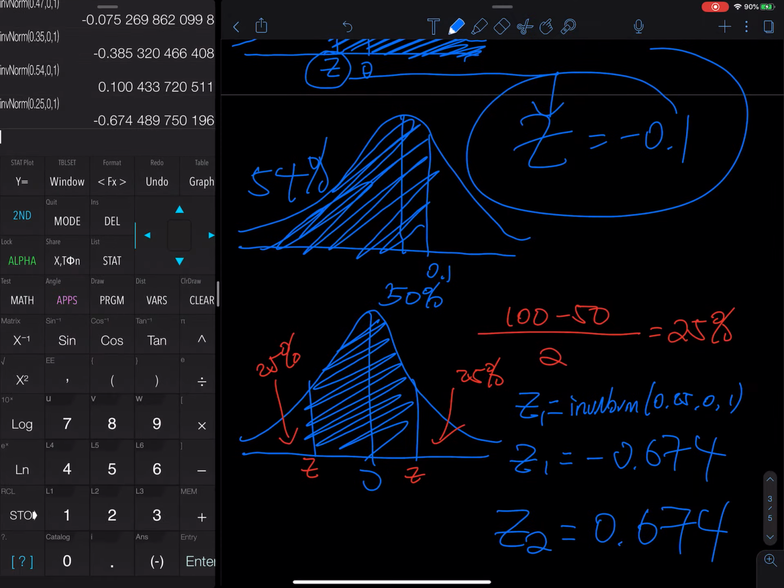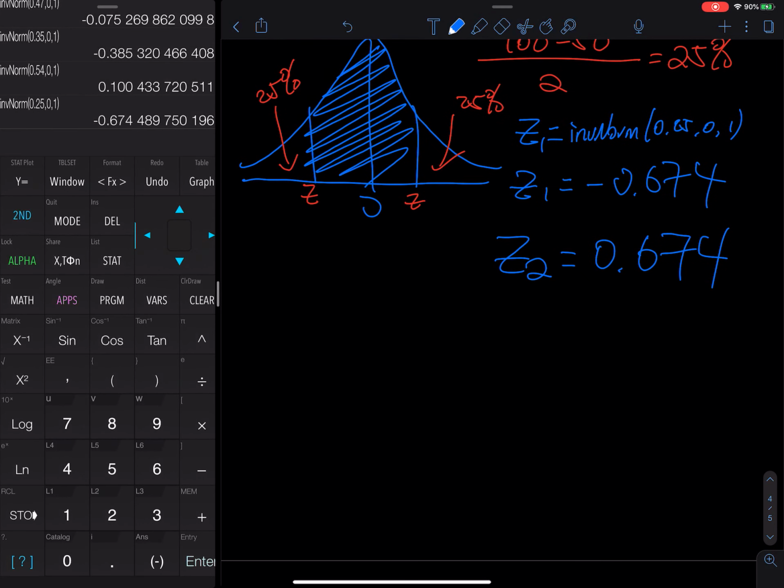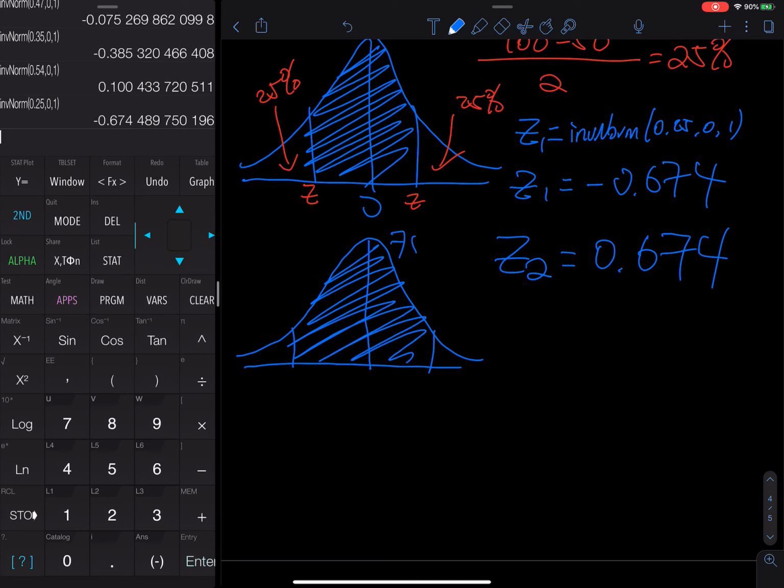And then the last one. Well, I'm going to try one more, and then we wrap up this video. 75% in the middle. So this is 75%, 0, Z1, and Z2. How do you do it? 75% in the middle, that means we still have 25% left, and then we have to slice the 25% into 2 pieces. So we take 100 minus 75, 25 divided by 2, you get 12.5.